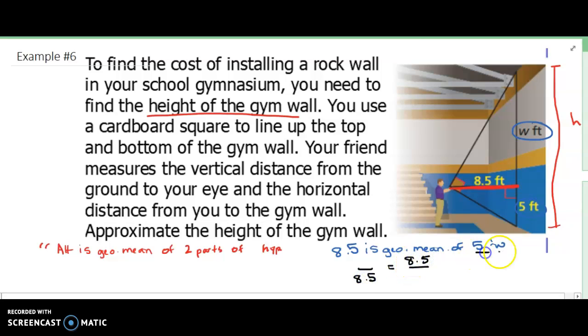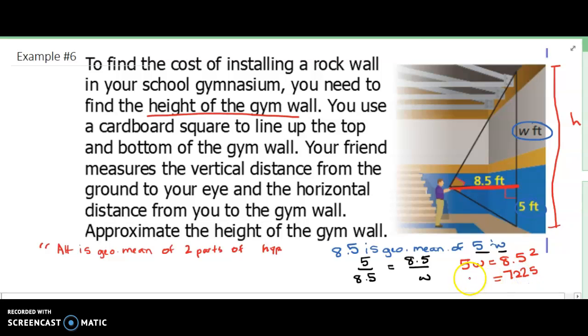It's the geometric mean of 5 and W. So I get 5W equals 8.5 times 8.5, which is 8.5 squared, which is 72.25.